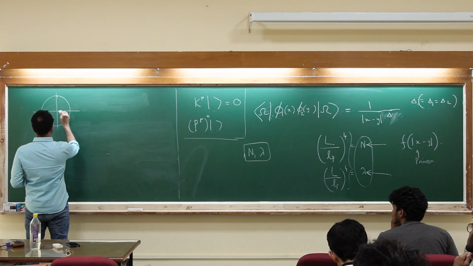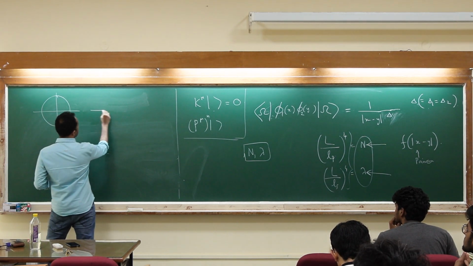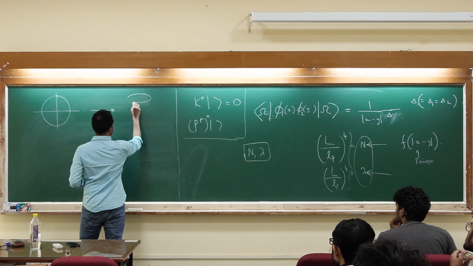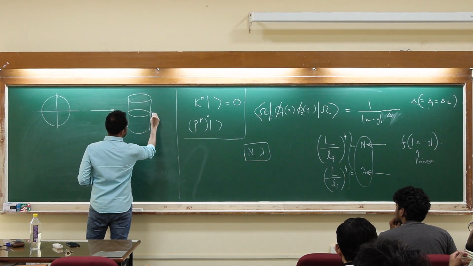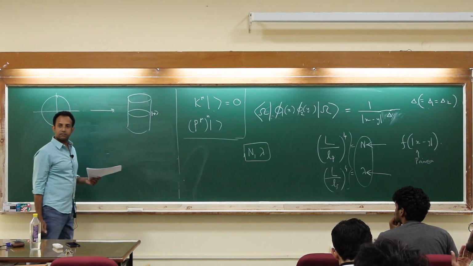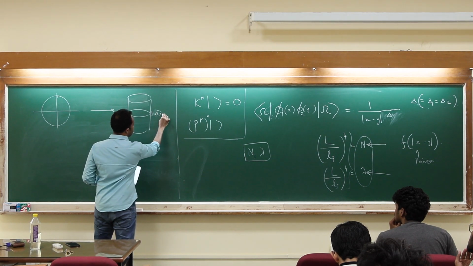So the point is that if you do a conformal transformation to go into the cylinder like this, and you want to construct the state psi living here, and let's say you want to construct the vacuum state as the one living here.